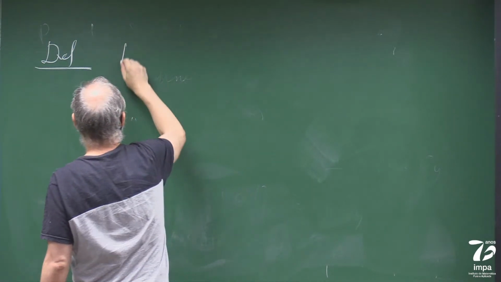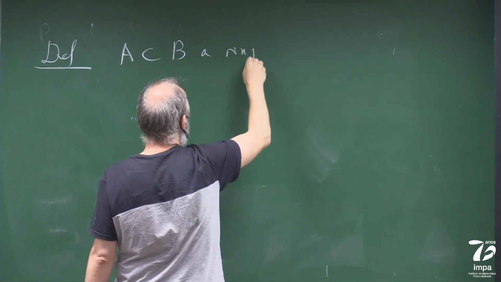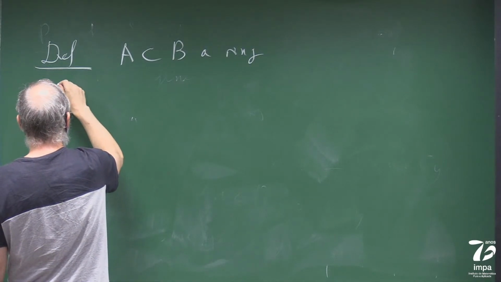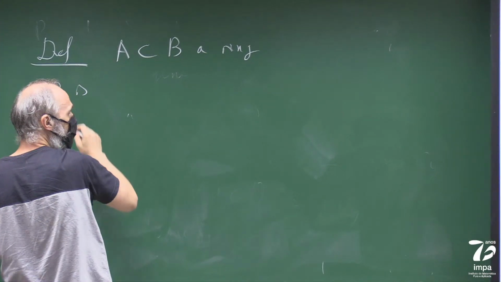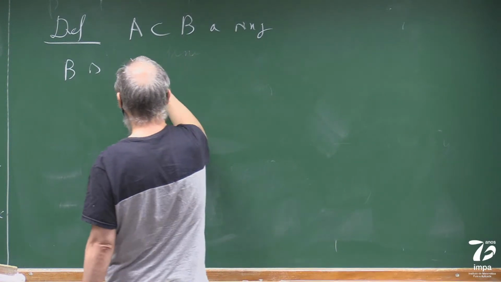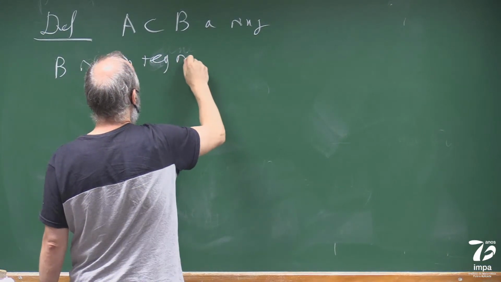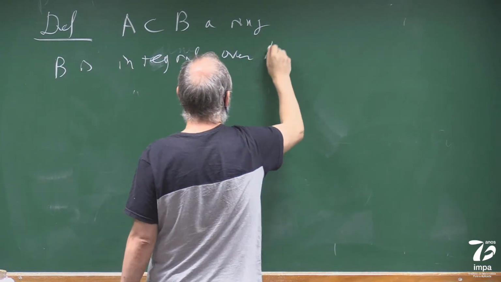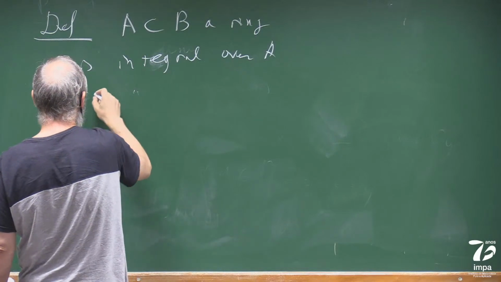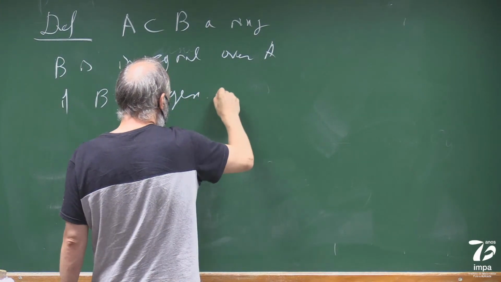You have A inside B, rings. So B is integral over A if B is finitely generated as a module.